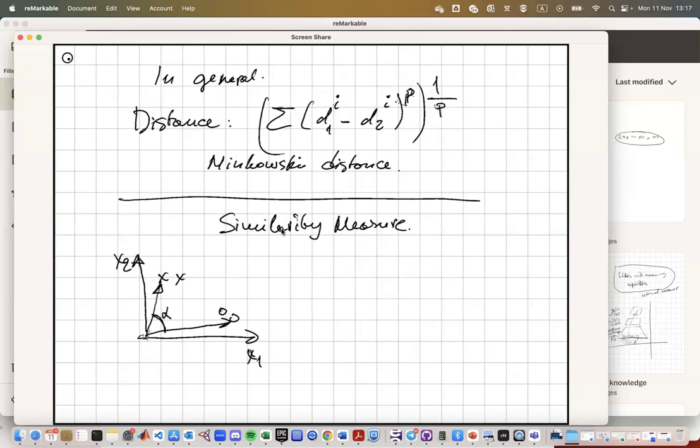So alpha. For example, if we have here one vector of the same category, here we have alpha 1, alpha 2.